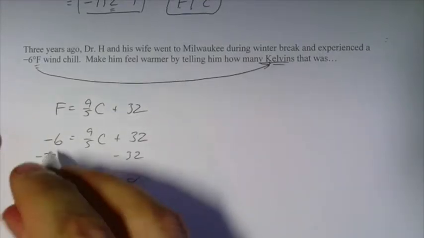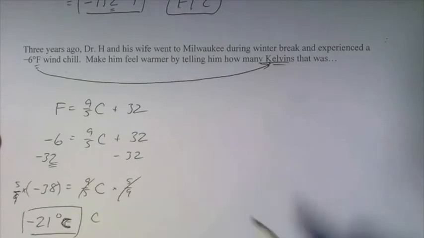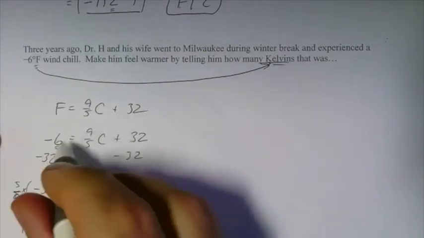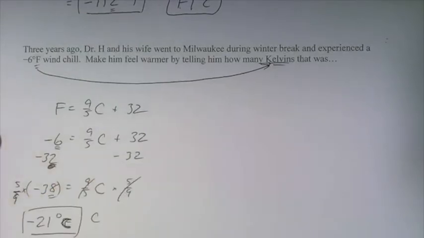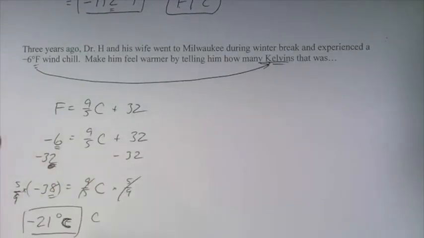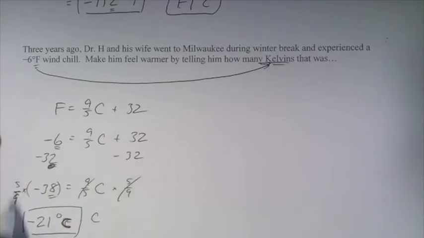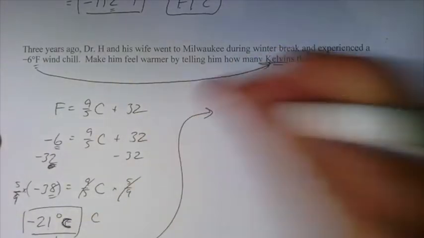Notice here that in this subtraction, I had uncertainty. Sorry, not in that one. In this one, because it's only a 6. That means I'm going to have uncertainty in the ones place after the subtraction too. And then when I do this bit, I'm going to keep 2 significant figures. So I leave it as negative 21 after the multiplication and division. This now, I'm going to take out and do the same thing I did up here.